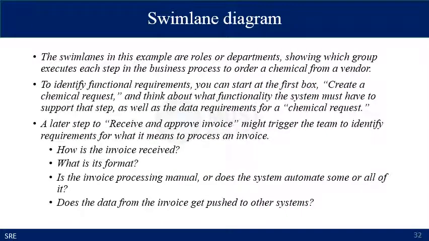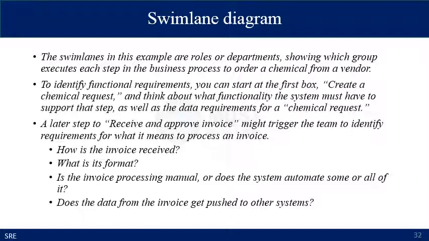The swim lane described in the previous slide shows roles or departments and which group executes each step in the business process of ordering chemicals from the vendor. So you can identify the functional requirements.